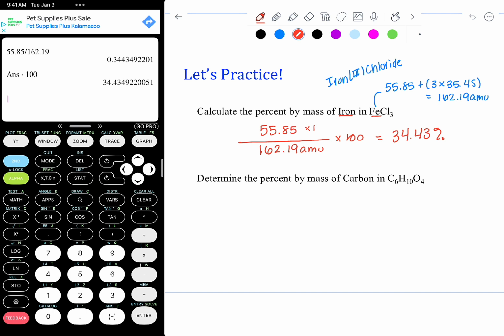I calculated my mass of C6H10O4 to be 146.16.